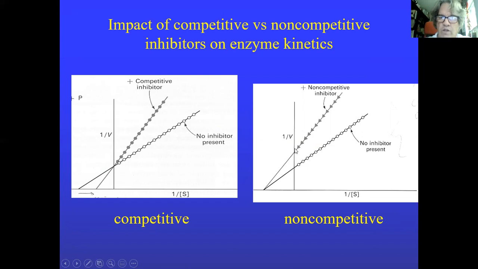So the slope increases, KM over Vmax will increase because KM is staying constant, but the Vmax is getting smaller. And 1 over Vmax, if you make Vmax smaller, 1 over Vmax is going to get bigger, right? And so you get this kind of line where you have a new y-intercept and a steeper line. Non-competitive inhibition, all right? Okay, so they're easy to tell apart when you run the reaction.